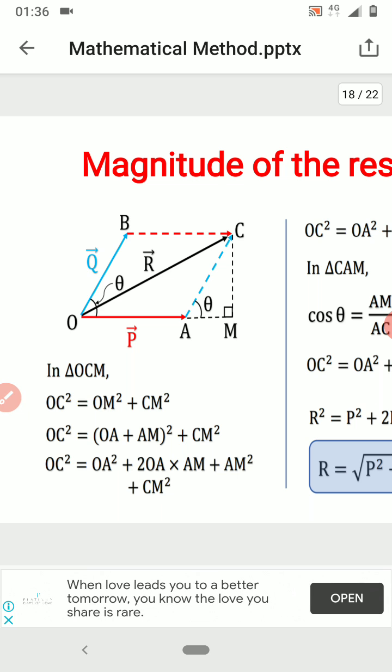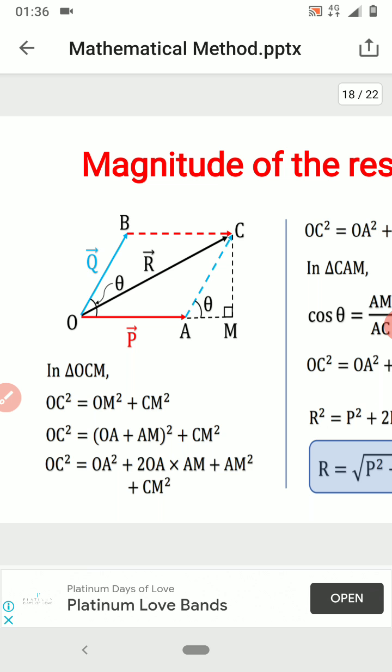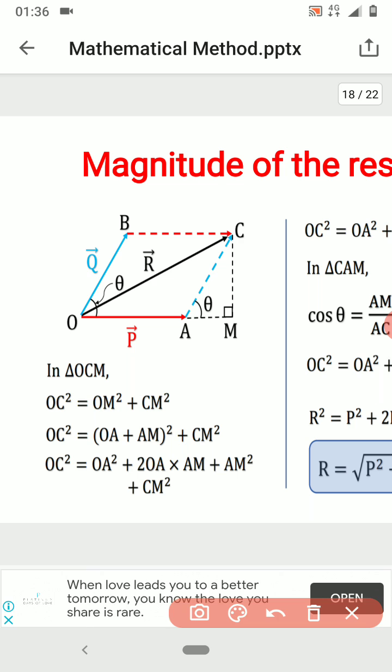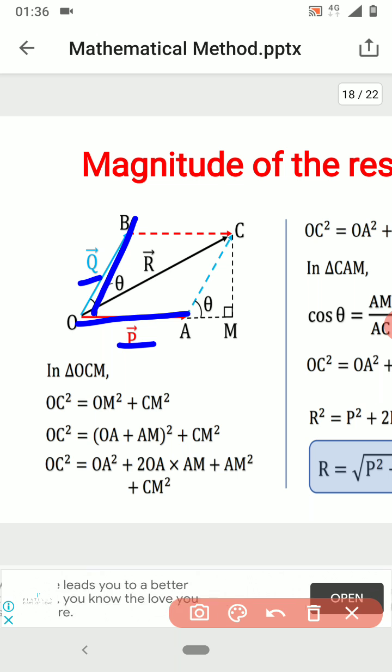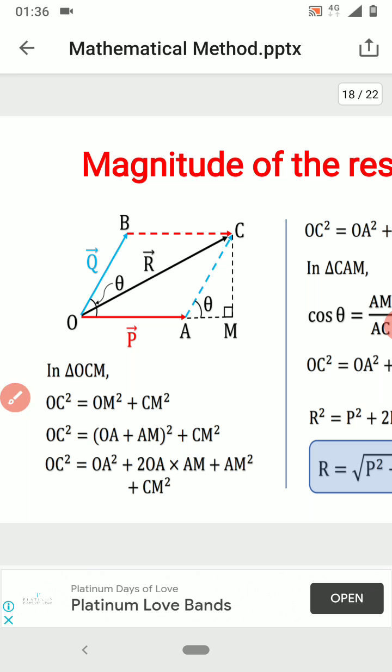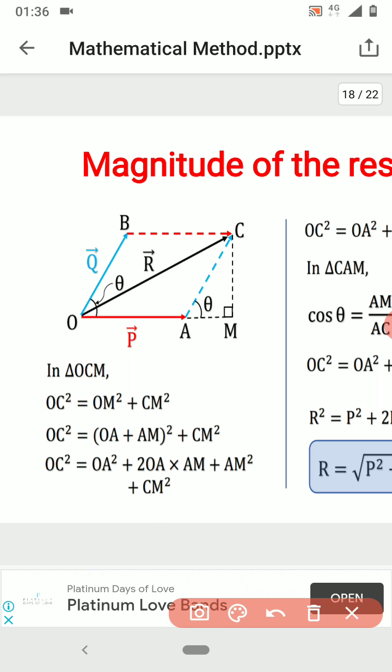Vector OA is equal to vector P and vector OB is equal to vector Q. OA is equal to P and OB is equal to Q. This is the magnitude of the vector. Both vectors originate from point O. If you find the tail of both vectors P and Q, that will be O.